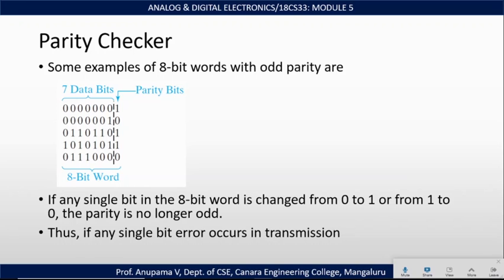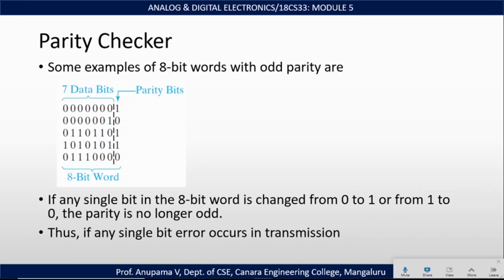What happens at the receiver side if he receives an even parity number? That means there is a change in one bit, because the receiver knows that every time the sender is going to send the odd parity number. So if he receives the even parity number, then he assumes that there is a change in a single bit.